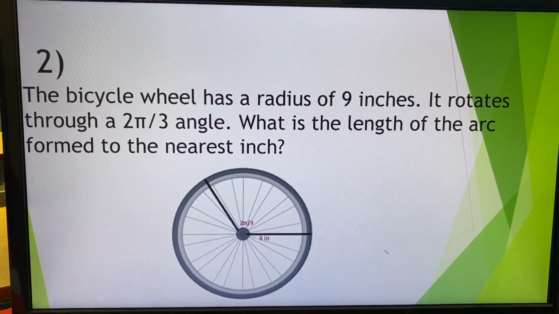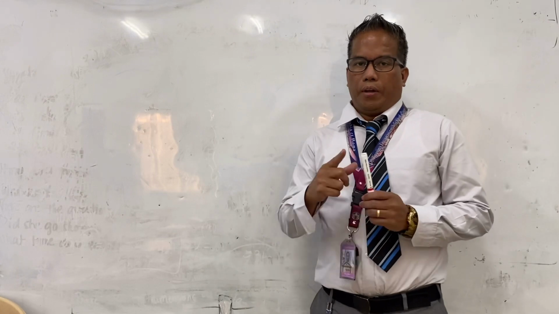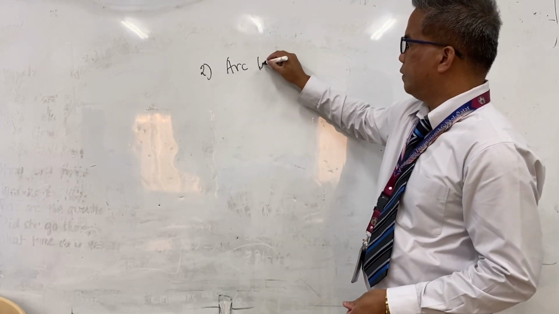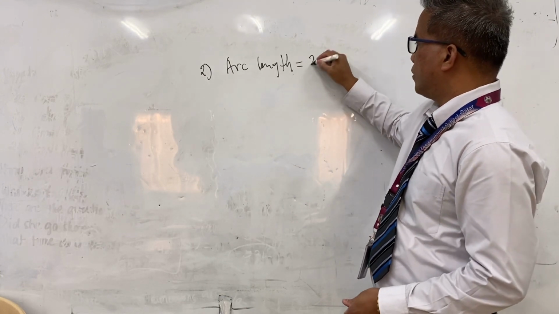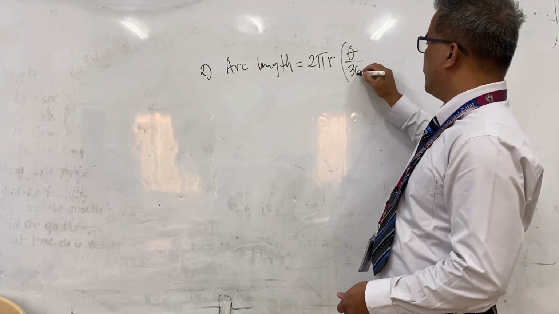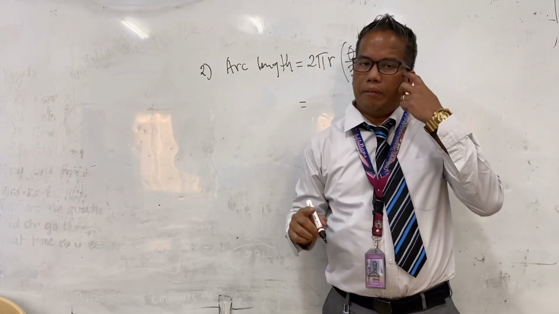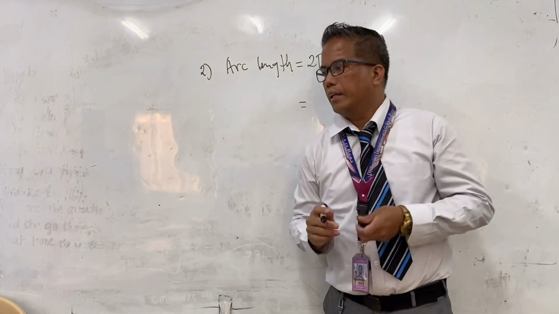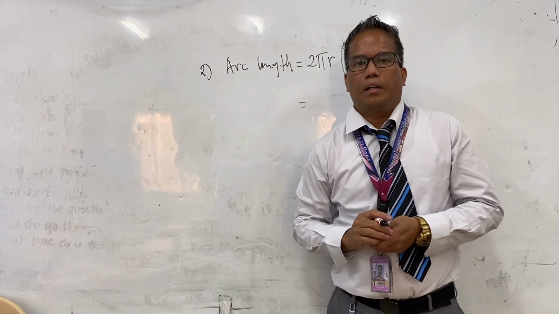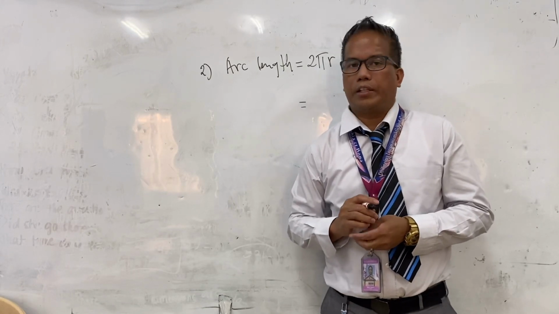We will use again the formula of arc length, 2 pi r times theta over 360. The radius is 9 inches and the given central angle is 2 pi over 3, in radians.